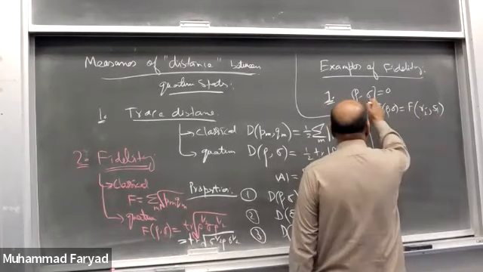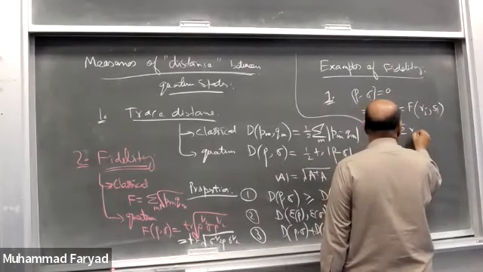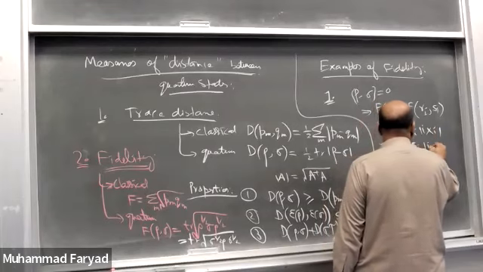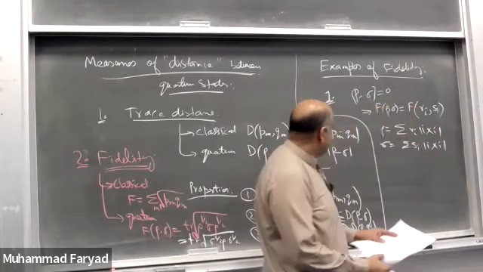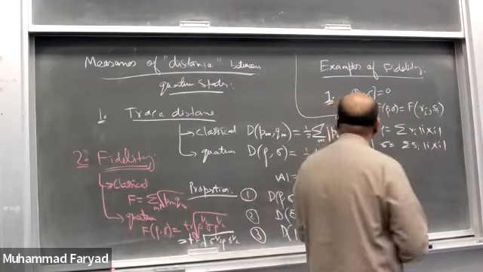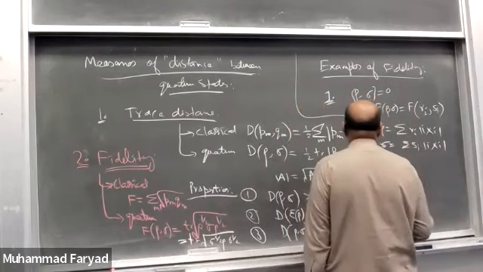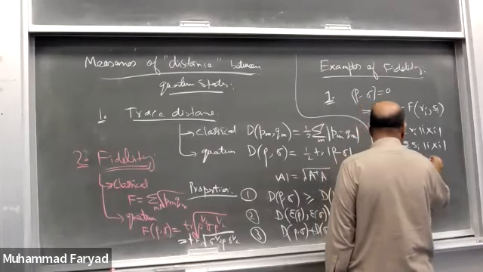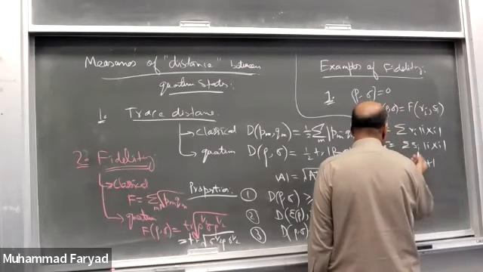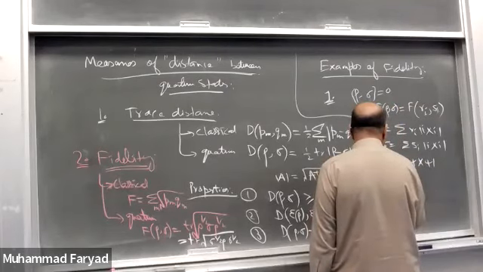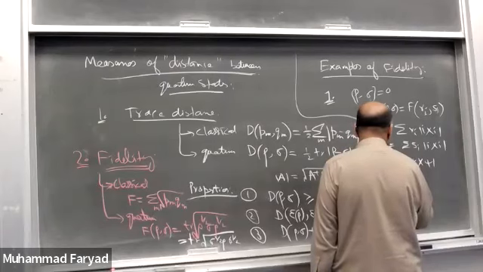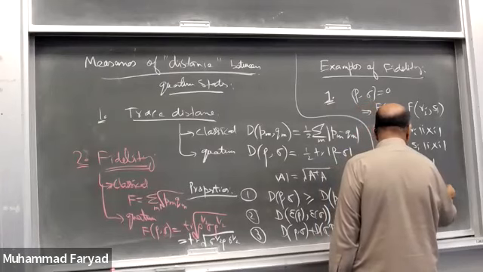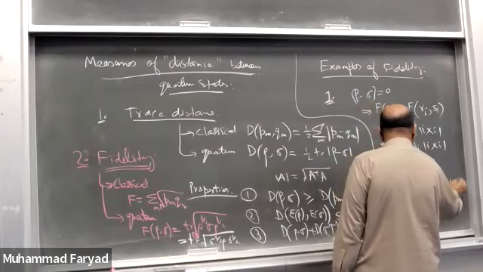Because when they commute, I can write rho as sum of r_i and sigma as sum of s_i, and they are diagonalizable in the same basis. So this was one example. The second example that we saw was when one state is a pure state and the other is a mixed state. Then we saw that the fidelity of a pure state and a mixed state was the square root of psi sigma psi.